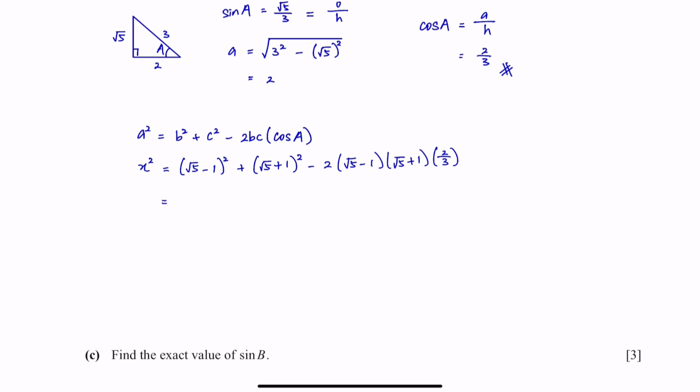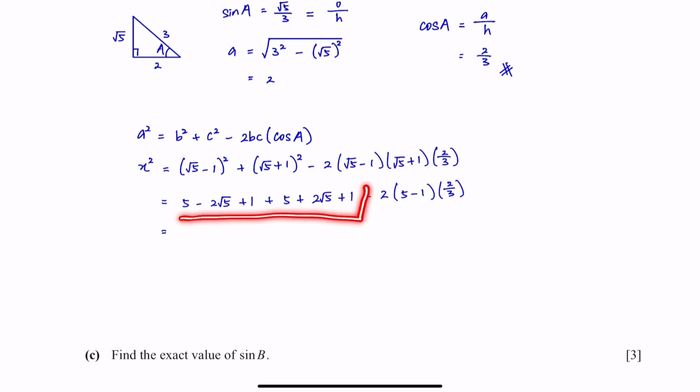So now we simplify the right hand side. We get 5 minus 2 root 5 plus 1 plus 5 plus 2 root 5 plus 1 minus 2 times 5 minus 1 times 2 over 3, and all this adds up to 12, and this part is 16 over 3.